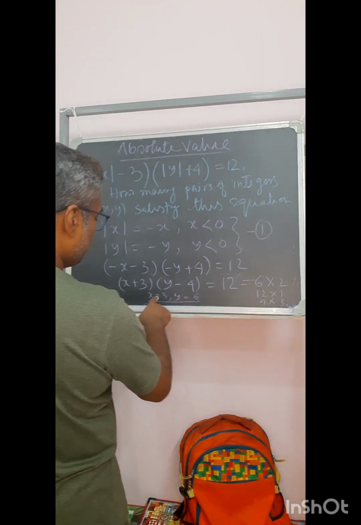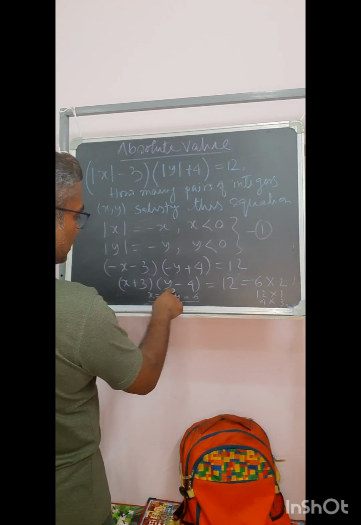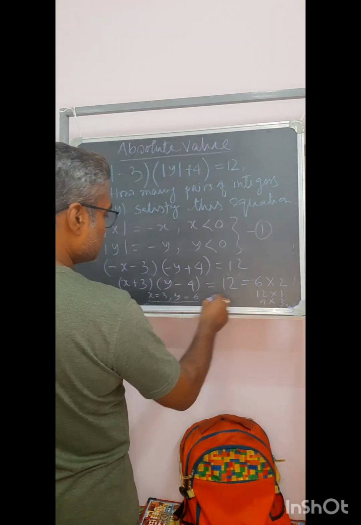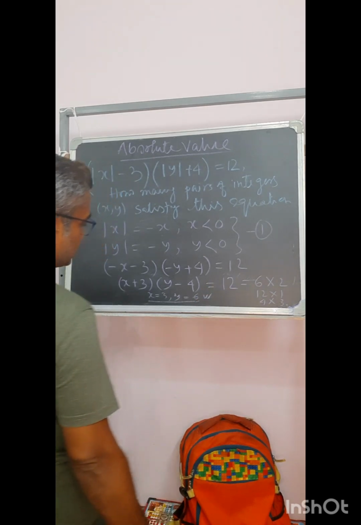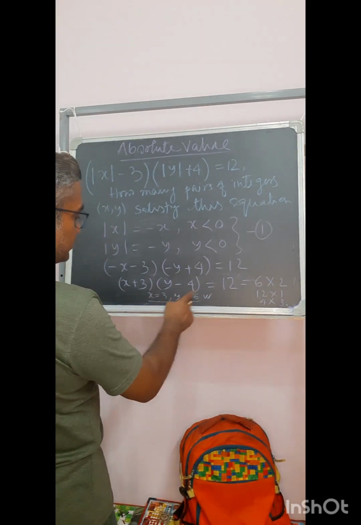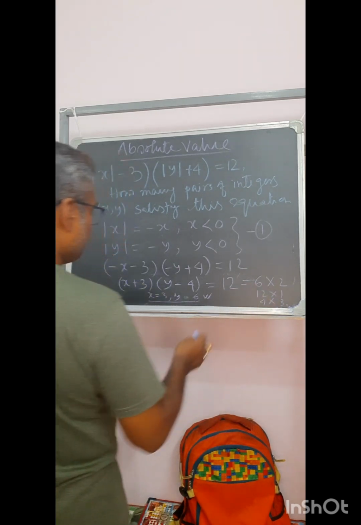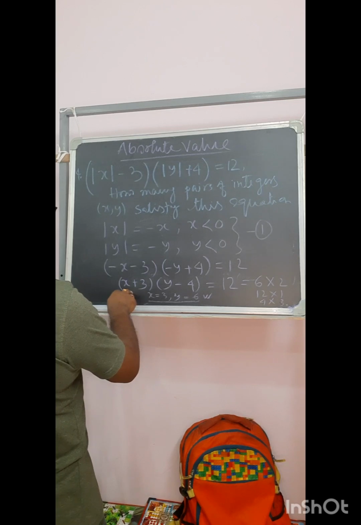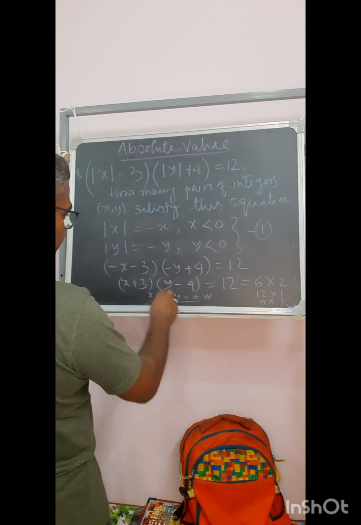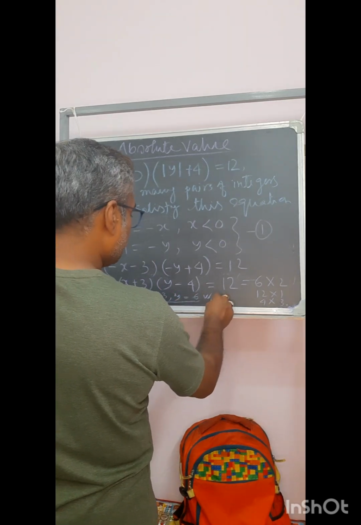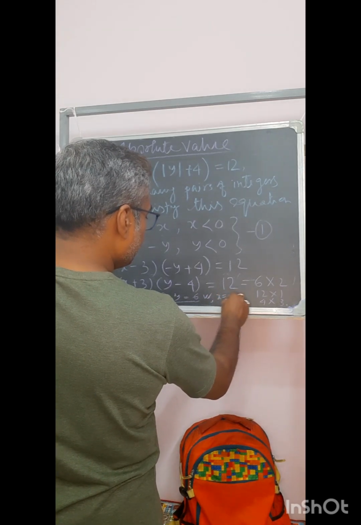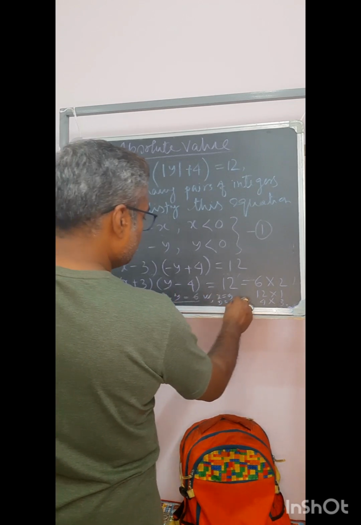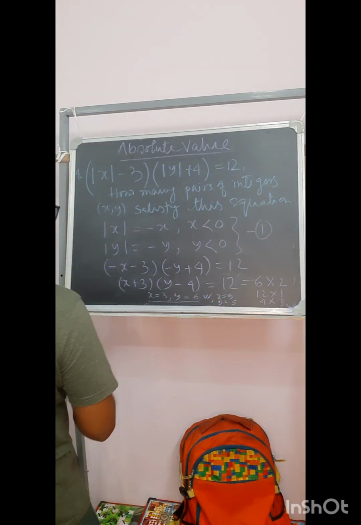So this is one set of values where x and y are 3 and 6. Any other value possible? If I say the first term is to be 12, it will be 9, so x is equal to 9, and y is equal to, I have to bring 1, so y is equal to 5. This could be another possibility.